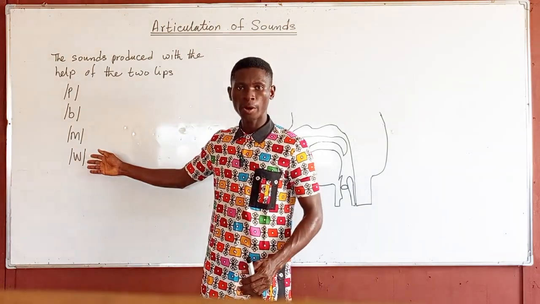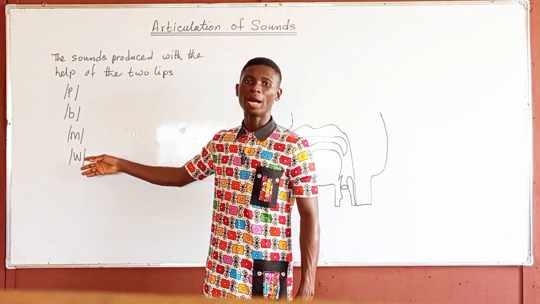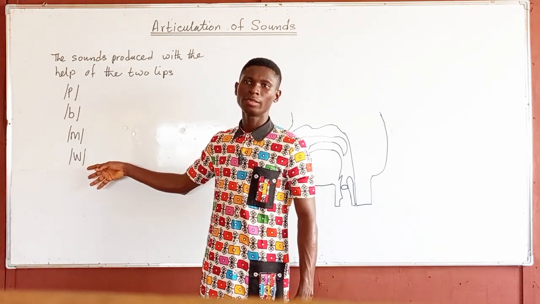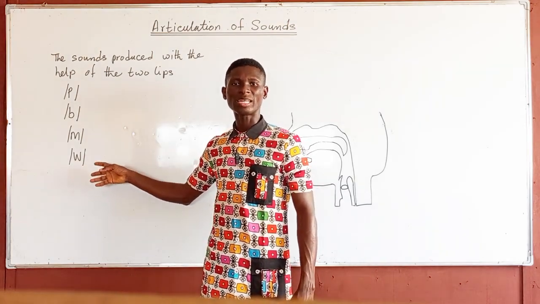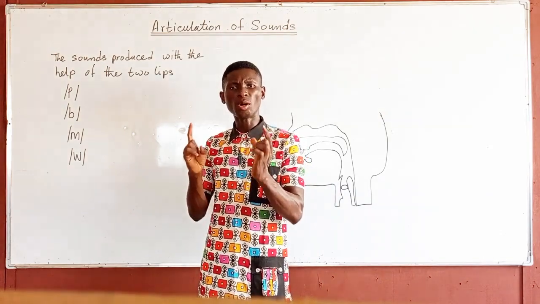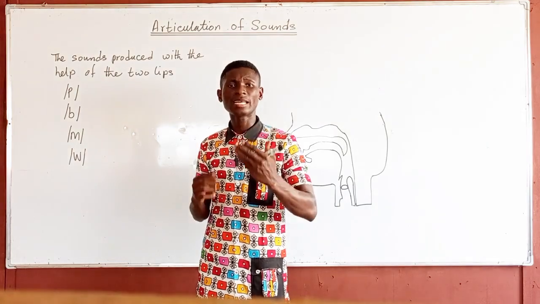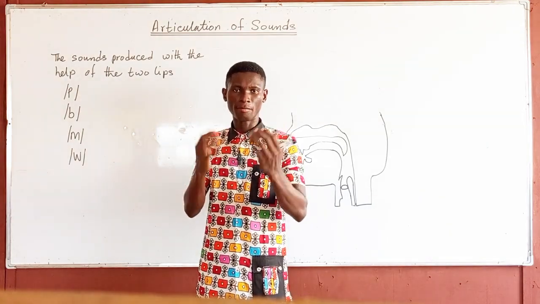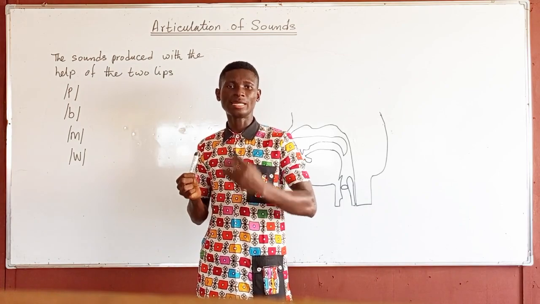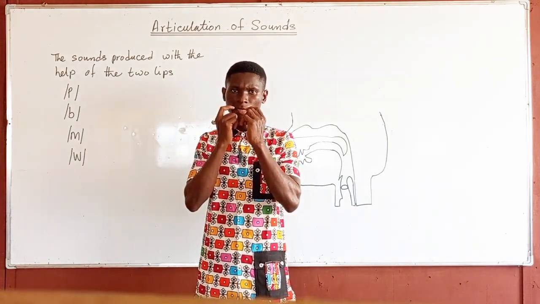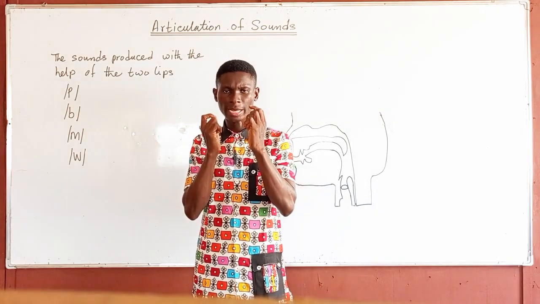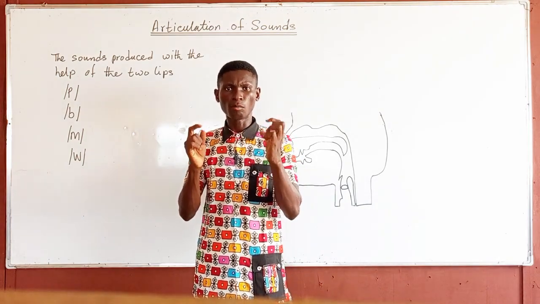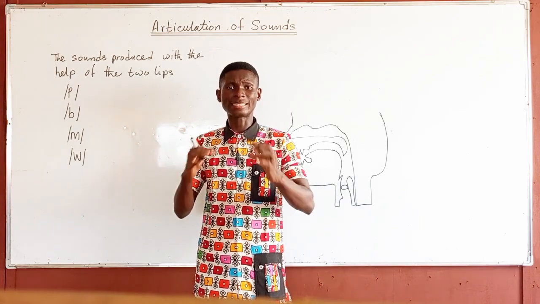Again, we have the w sound. This one is called bilabial semivowel. It is called semivowel because we have limited obstruction of air passing through the mouth. So when the air comes out, the two lips will obstruct the air from passing freely, but it is limited.